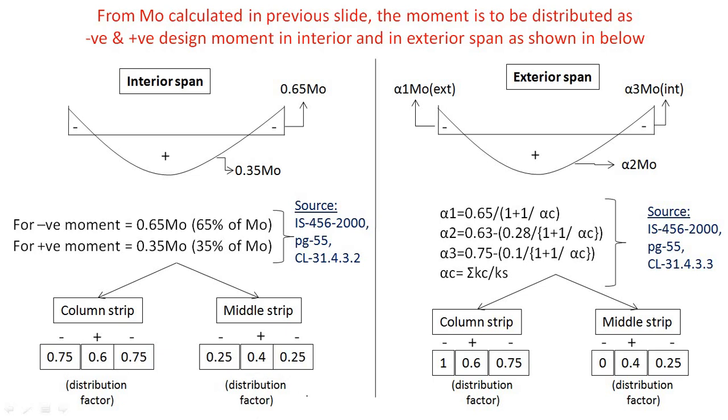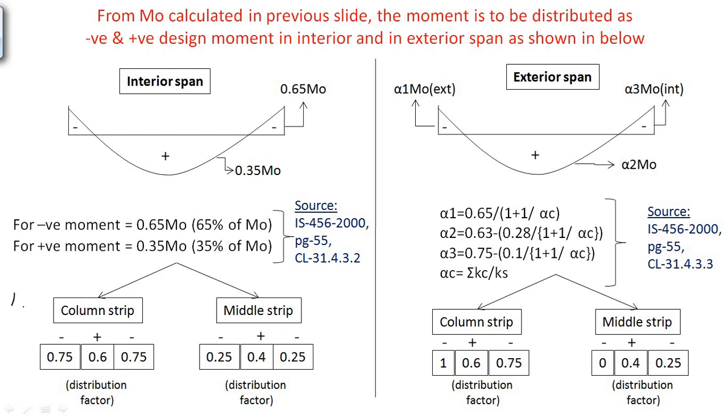So IS code says at the column strip, the negative should be 0.75, at positive it should be 0.6, at negative there should be 0.75, and it says that for the middle strip it should be the remaining of the column strip.